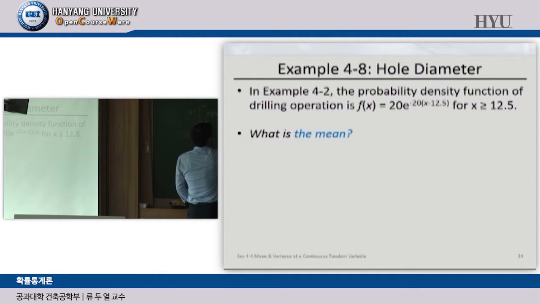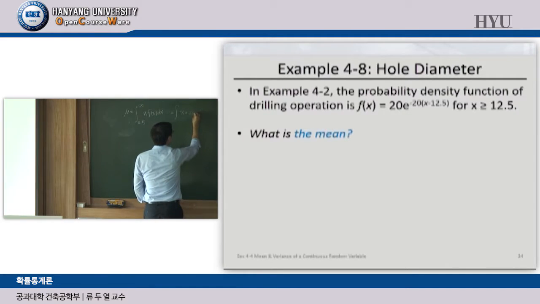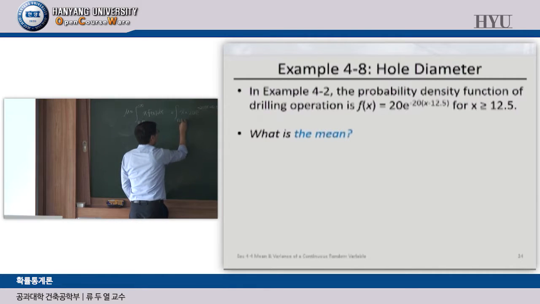And this will be the integration of x multiplied by 20 exponential minus 20 (x minus 12.5) dx from 12.5 to infinity.